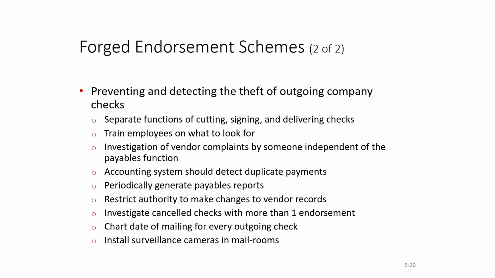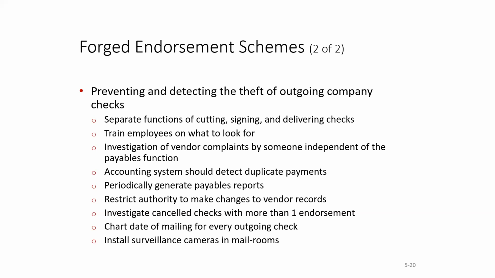And then how can we prevent or detect this? Again, separating those duties. Separation of duties is going to be our biggest thing that we can do. Training our employees. Investigate vendor complaints. So if a vendor doesn't get their payment, they're going to call and complain. So investigating these complaints is one thing that we can do.